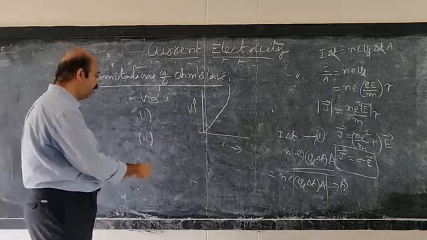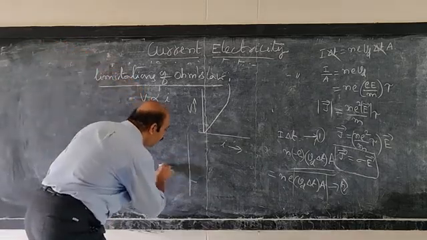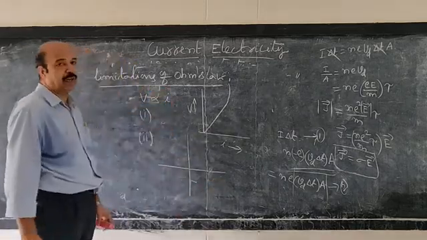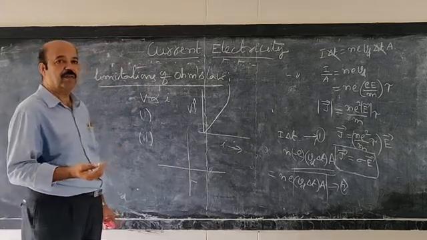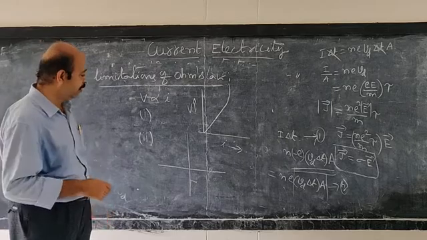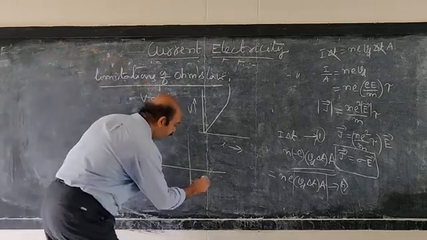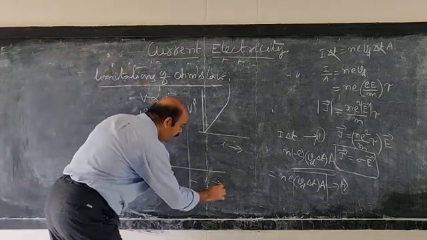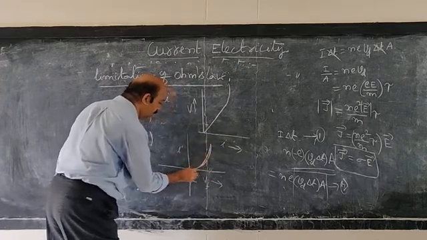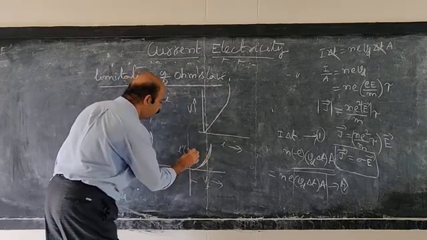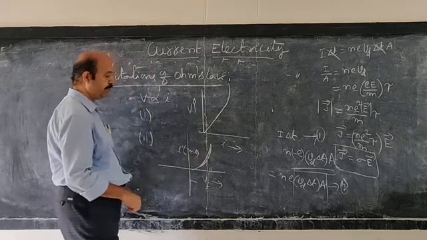For example, in the case of a junction diode or semiconductor diode, which you are going to study in a later chapter, in the forward direction, if the voltage is increased, the current increases exponentially, in the order of milliamperes.